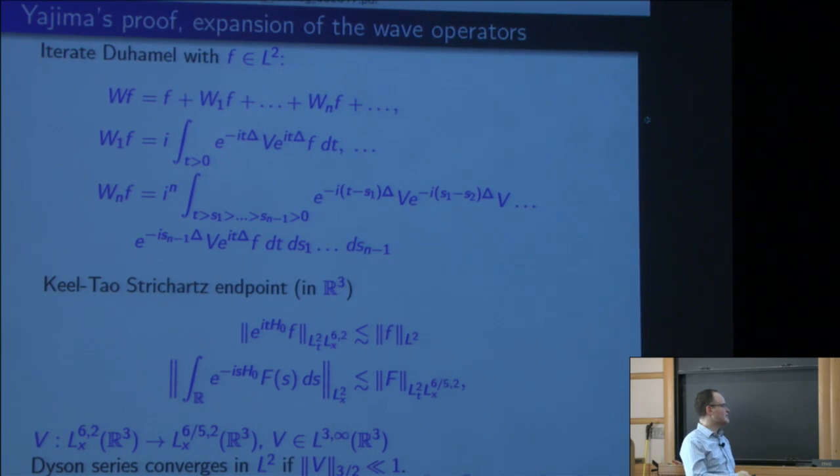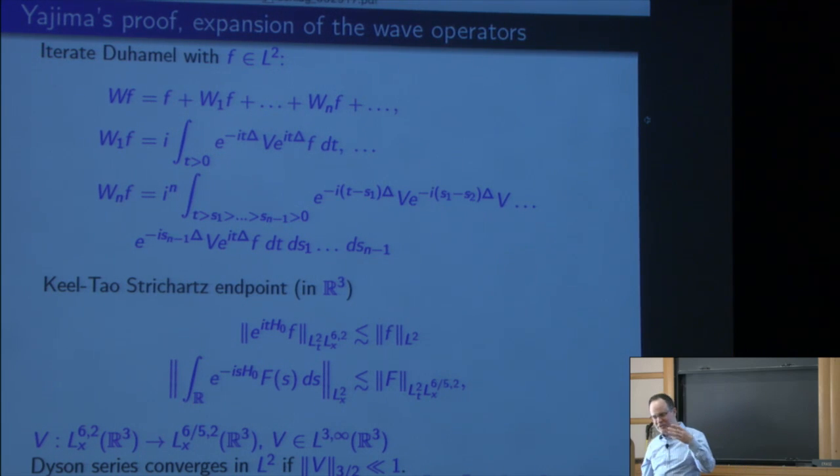Okay. And this may look like a technicality, but such small details can be important. So V needs to be, as a multiplication operator, bounded from here to here, which is clearly not L3, it's L3/2, because 2/3 plus 1/6 is 5/6. All right. So here I have 3/2, you have 3.